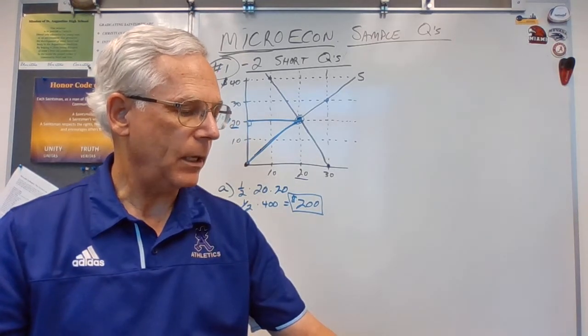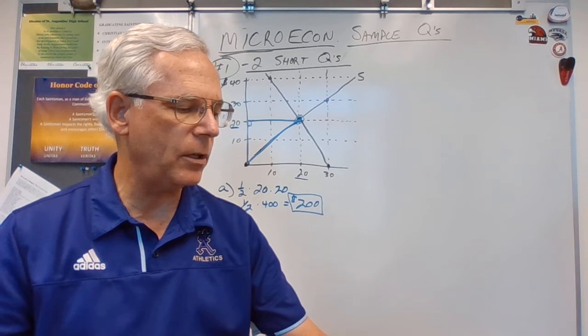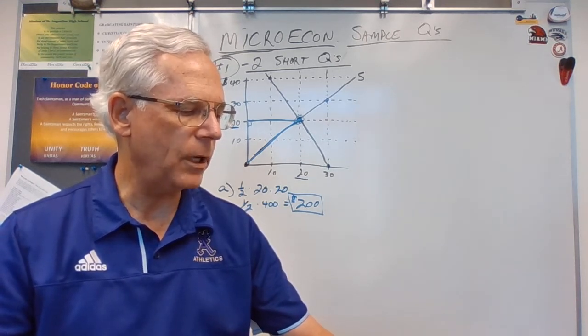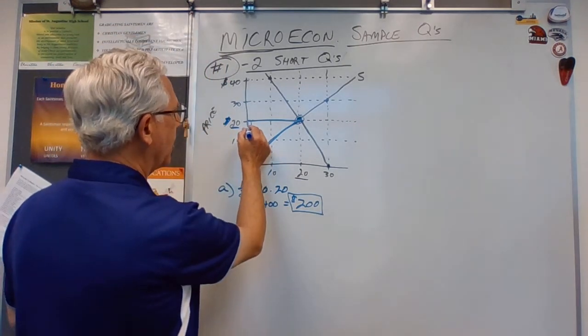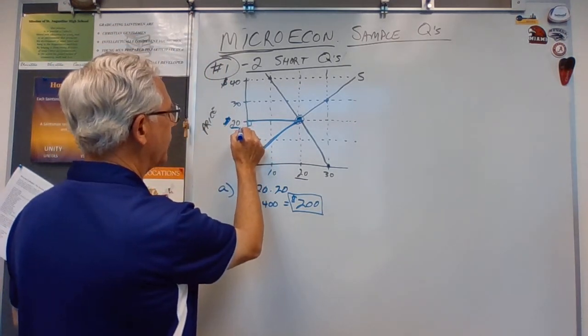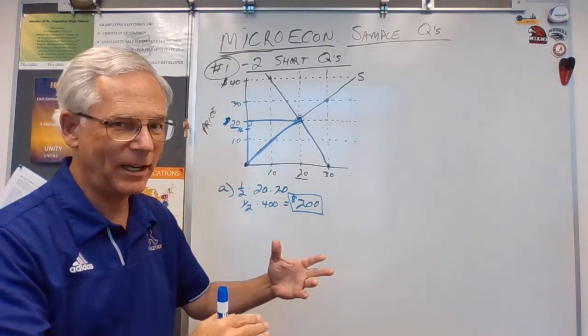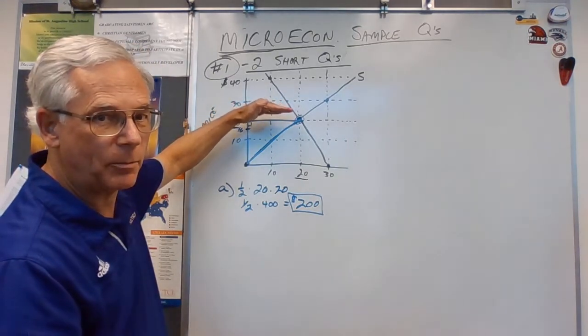Okay, part B. If the government imposes a price floor of $16, is there a shortage, a surplus, or neither? Explain. If they make a price floor at $16, well, remember, price floors are up high. An effective price floor is going to be above the equilibrium price.